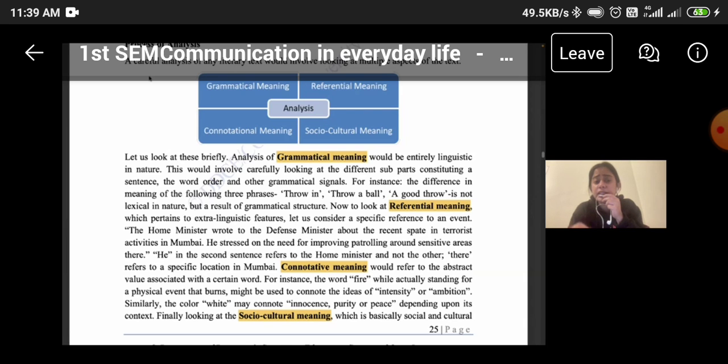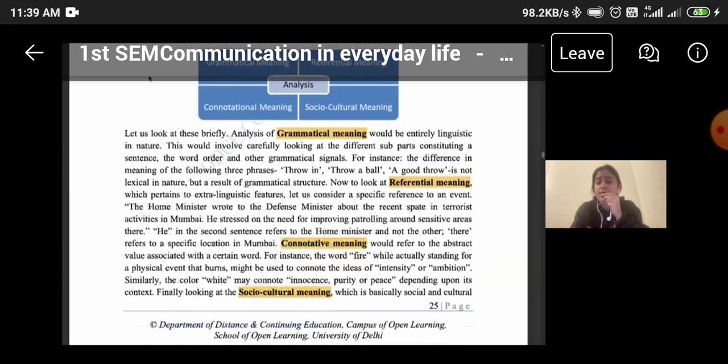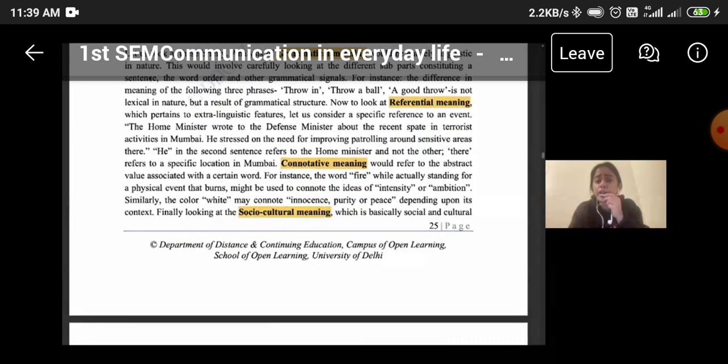Then the referential meaning, and these are the extra linguistic features. These are allusions, similes, metaphors if we talk about figurative language. Apart from it, these extra linguistic features also refer to symbolism in the work, reference in the work. Then comes the connotative meaning. The connotative meaning is the value associated with a certain word.